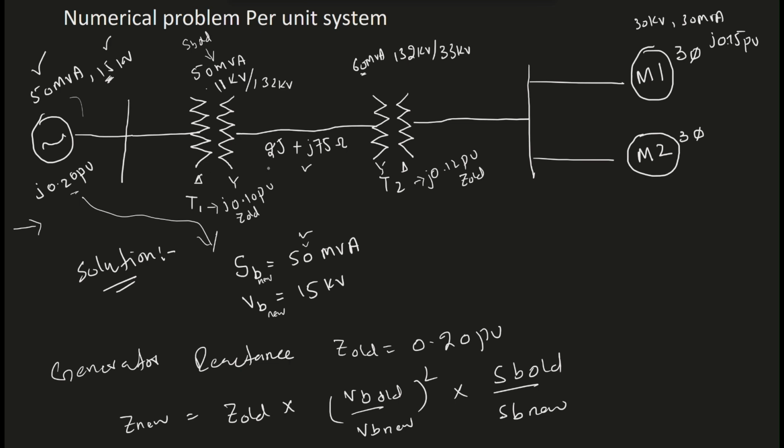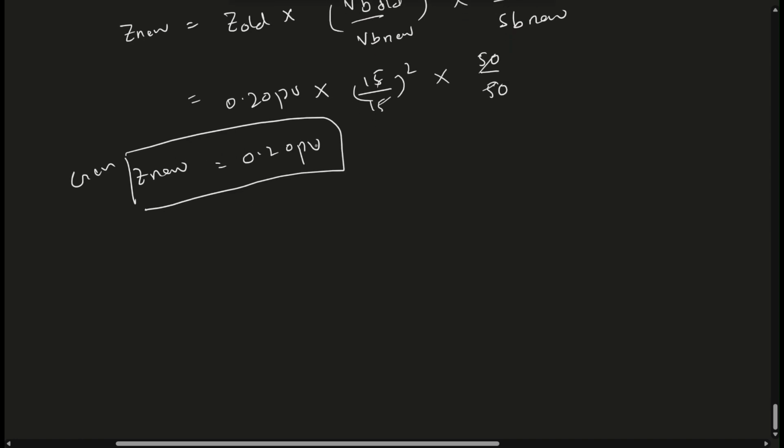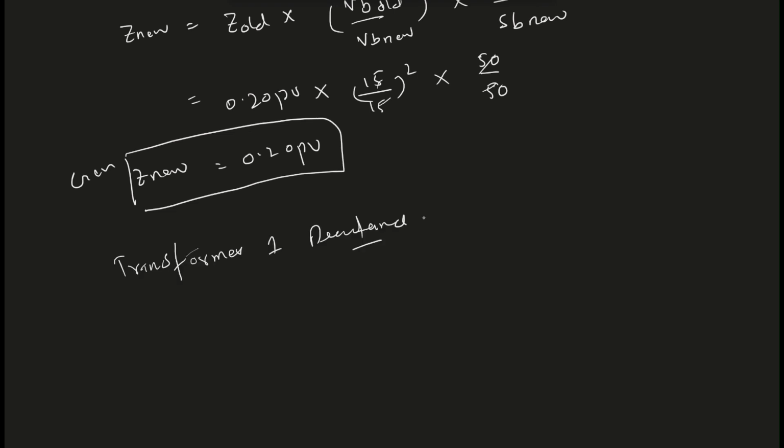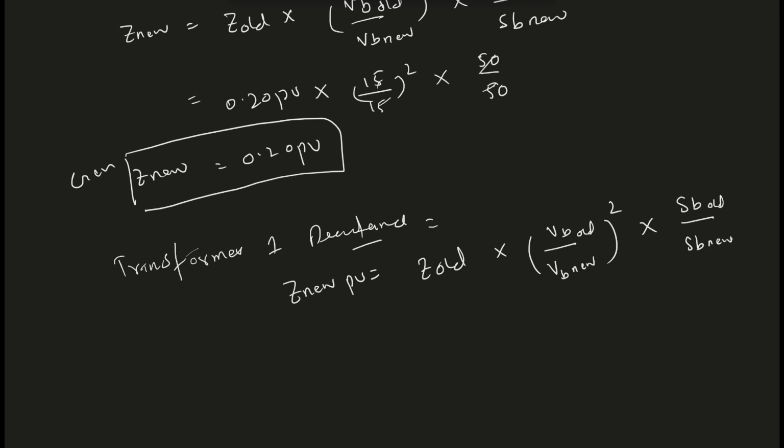Now here let's follow the same formula for transformer 1 reactance. The formula is Z new per unit equals Z old into VB old by VB new, whole square, multiplied by SB new by SB old.